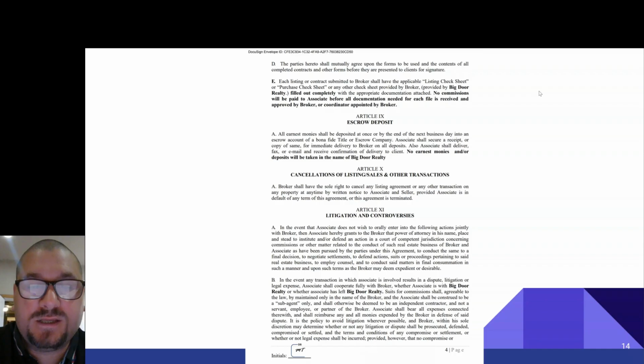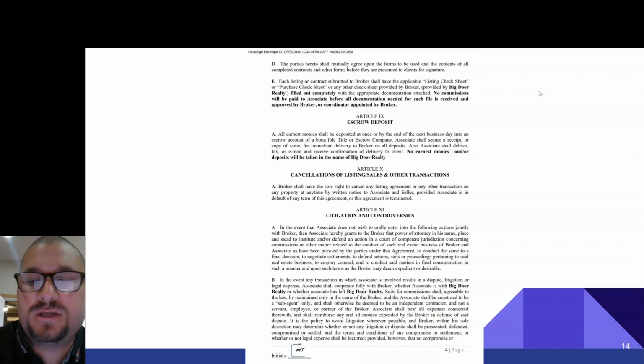So again, in the event any transaction in which associate is involved results in a dispute, litigation, or legal expense, associate shall cooperate fully with the broker, whether associate is with Big Door Realty or whether associate has left Big Door Realty.